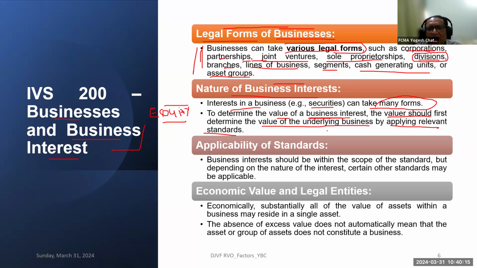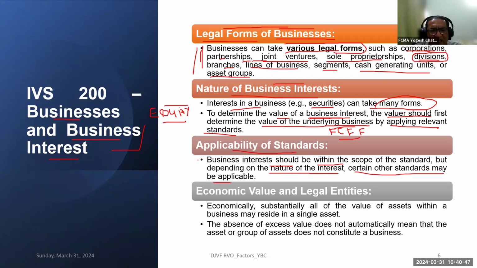Therefore, in the majority of cases, when we go by DCF, what we derive is free cash flow to firm, or FCFF. First we derive that, and then we determine the value of equity. So that is the nature of business interest and applicability of standard. Business interest should be within the scope of the standard, but depending on the nature of interest, certain other standards may be applicable.